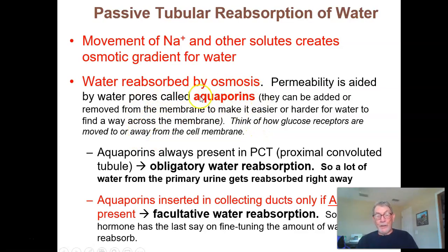So ADH will open a lot of aquaporins along various points of the tubule and allow water more easily to be reabsorbed back into the tissues. Aquaporins are inserted into the tubules, the collecting ducts primarily, only if antidiuretic hormone is around. So antidiuretic hormone is your primary controller of pure water, moving just pure water back.